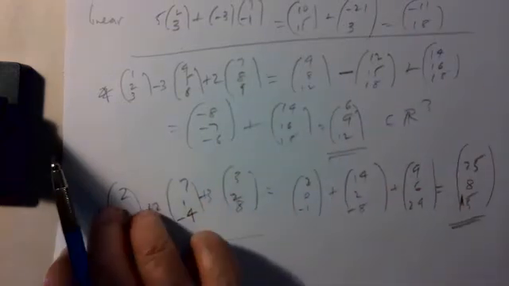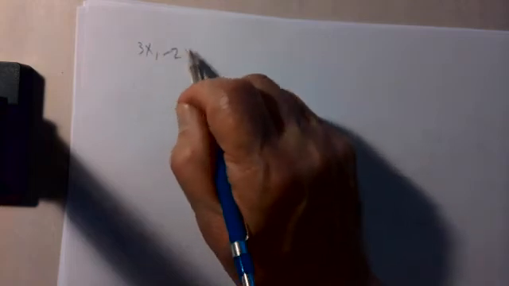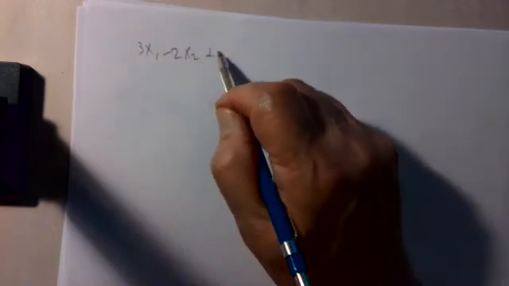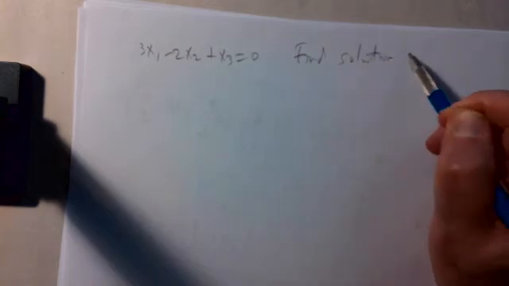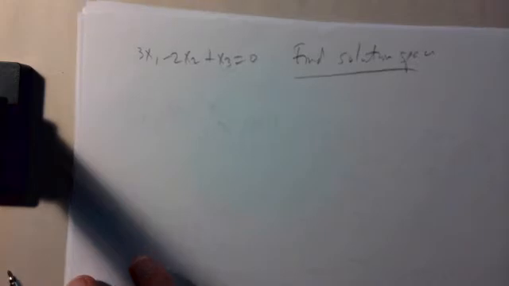Okay. Now let me show you the connection between homogeneous linear equations and vector subspaces. Let's take an example. Say 3x1 minus 2x2 plus x3 equals 0. So we want to find the solution space. That is the set of all solutions.